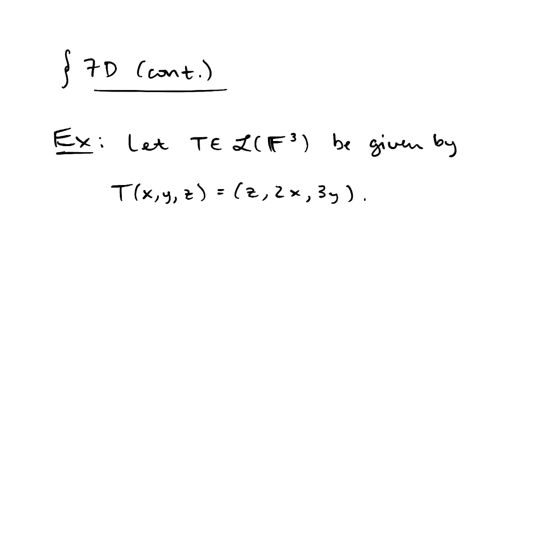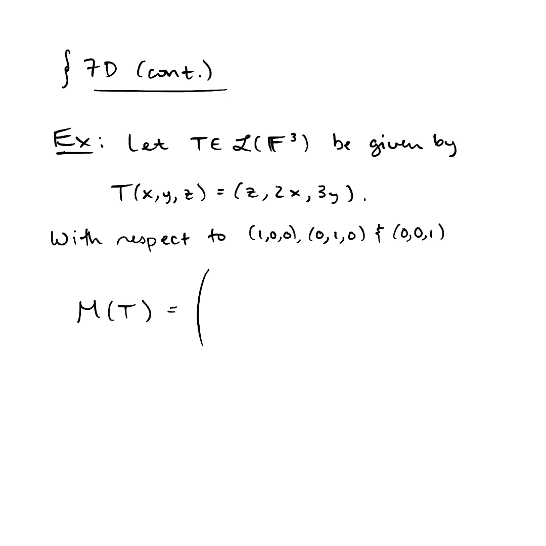In terms of basis matrix representations of this operator, if you just choose the standard basis (1, 0, 0), (0, 1, 0), and (0, 0, 1), let's look at the matrix for this operator T. Where does (1, 0, 0) get sent?